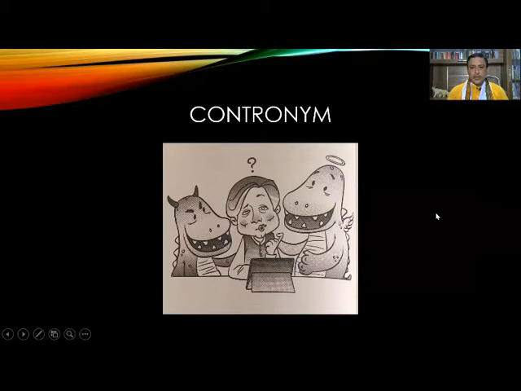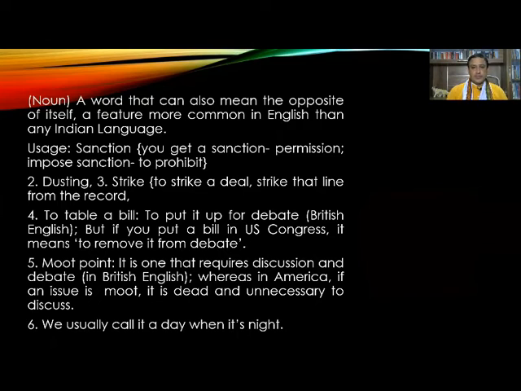Dr. Tharoor is confused by two figures in the cartoon, as I have already mentioned, this book is written in the format of Vacbtoons, vocabulary through cartoons. The next, it's a noun, a word that can also mean the opposite of itself, a feature more common in English than any Indian language.